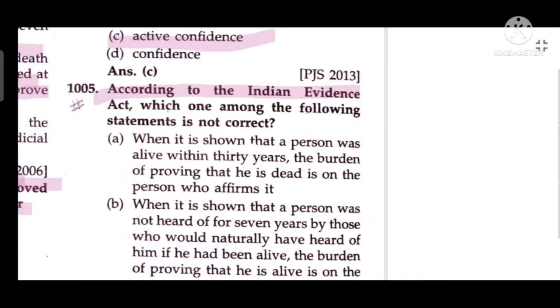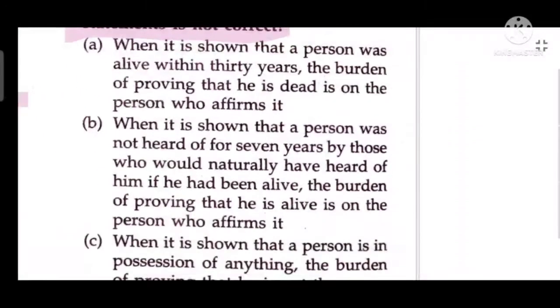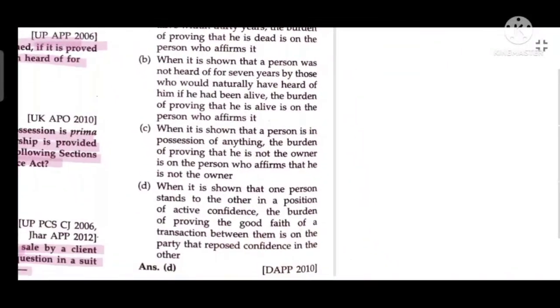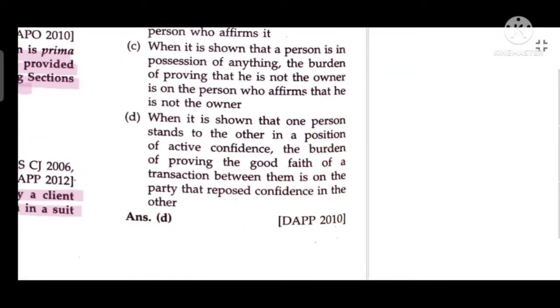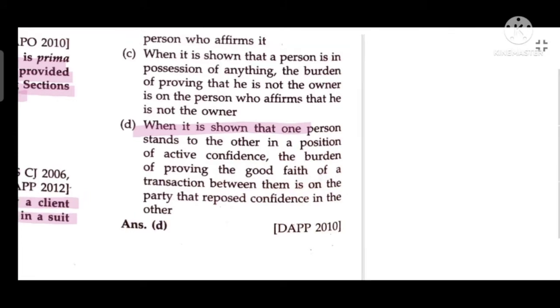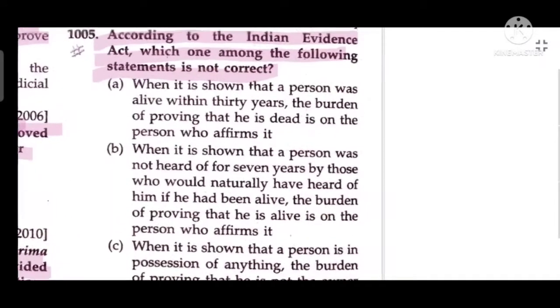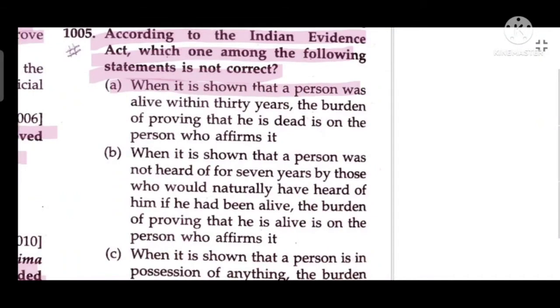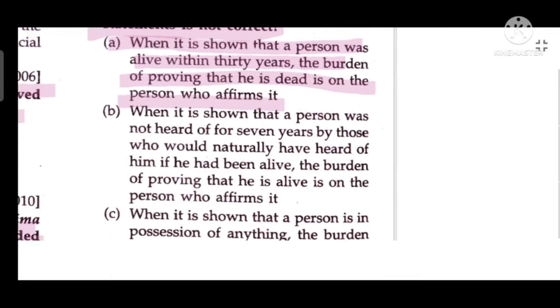According to the Indian Evidence Act, which one among the following statements is not correct? D is not correct. Which one is correct? When it is shown that a person was alive within 30 years, the burden of proving that he is dead is on the person who affirms it.